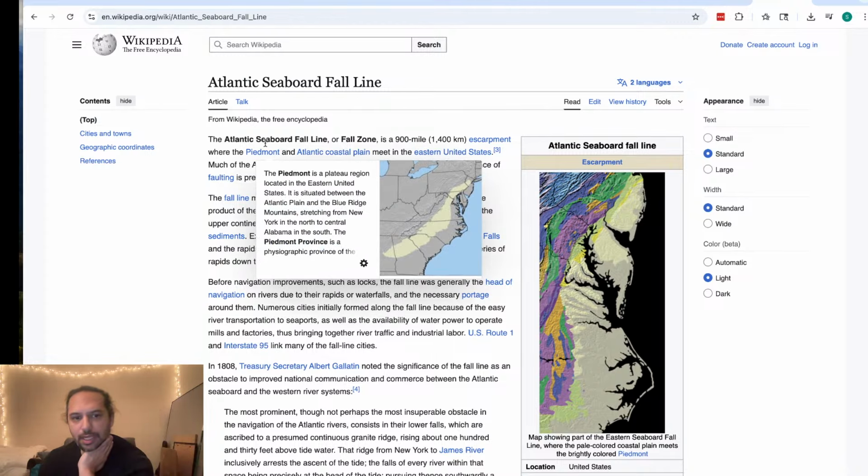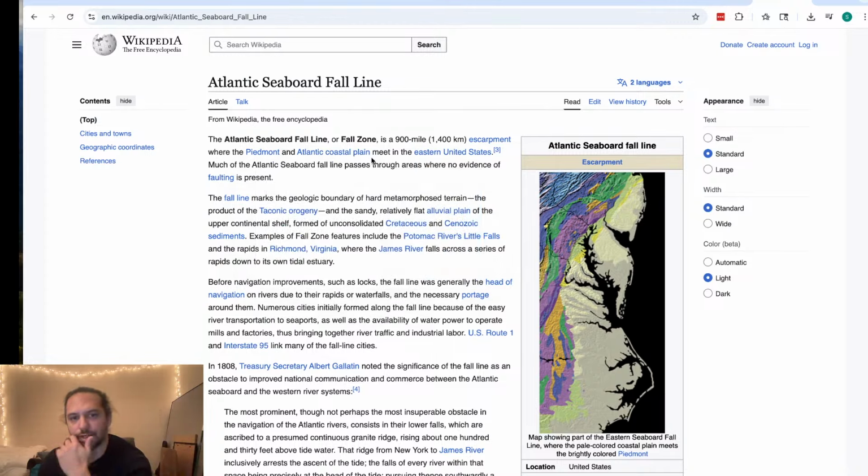Okay, the Atlantic Seaboard Fall Line or Fall Zone is a 900-mile escarpment where the Piedmont and Atlantic coastal plain meet in the eastern United States. Much of the Atlantic Seaboard Fall Line passes through areas where no evidence of faulting is present.